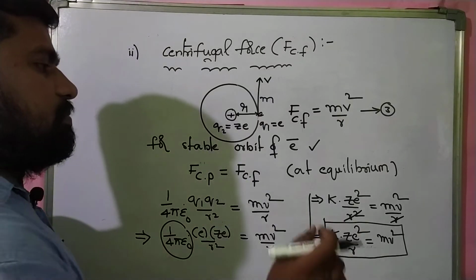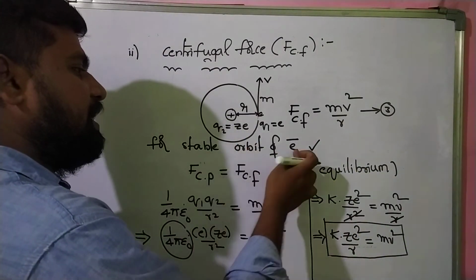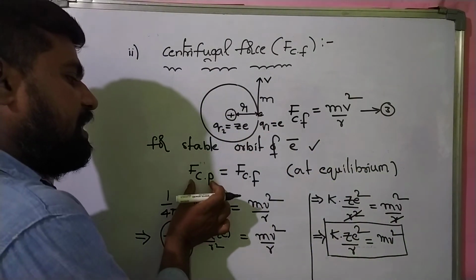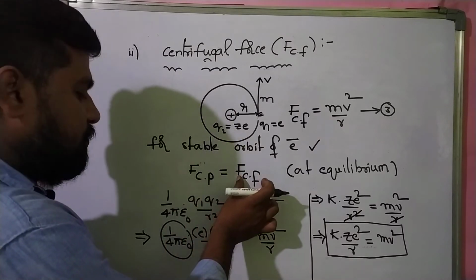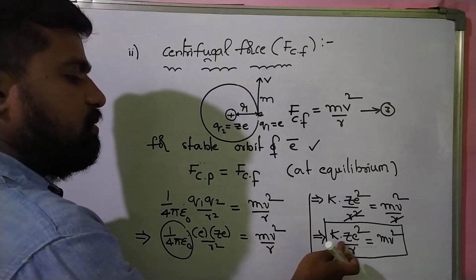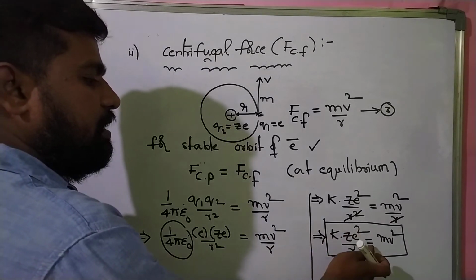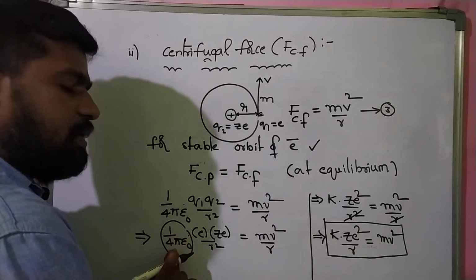Very, very important: at equilibrium state, means at a stable orbit of any electron, the centripetal force is always balanced by the centrifugal force. So finally we get K into Z e square by r equal to mv square. Here K is nothing but 1 by 4 pi epsilon naught.